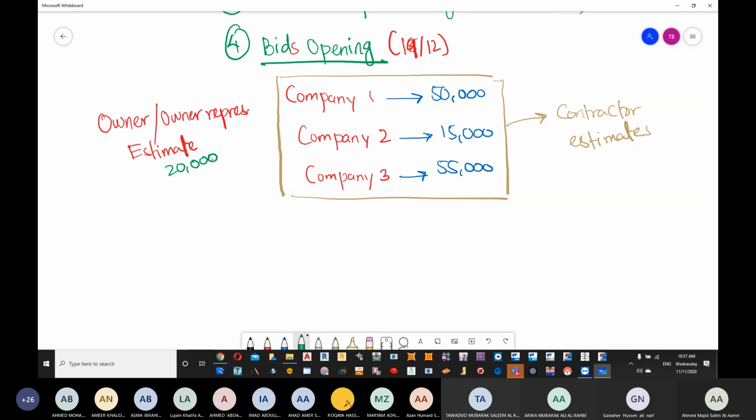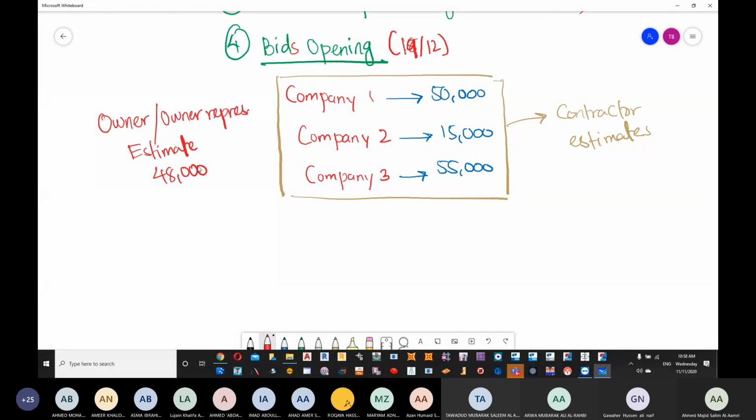Now, if the owner estimate was 48,000, do you think company number 2 offer is logical? Okay, then company number 2 offer is not logical, right?